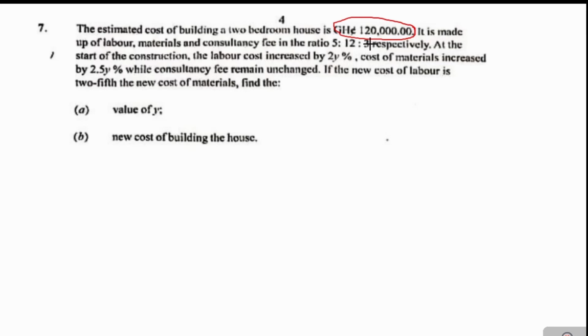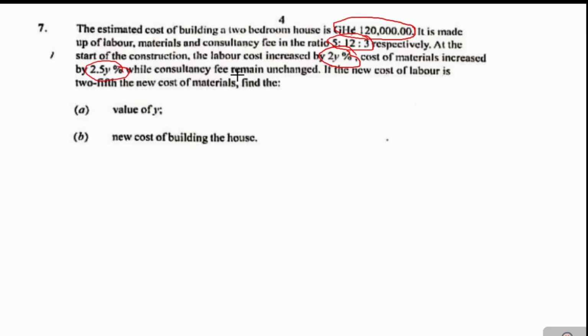Yes, the ratio of labor, material, and consultancy, that is 5 to 12 to 3, respectively, meaning 5 part of it is for labor, 12 part of it is for material, and 3 part of it is for consultancy. And another important information from this question is the fact that the cost of labor increased by 2y%, and the cost of material increased by 2.5y%.